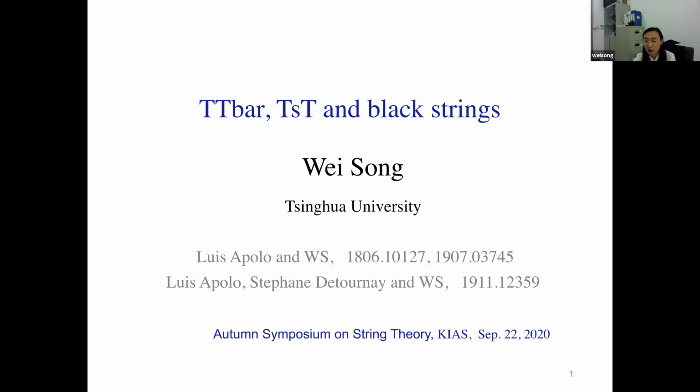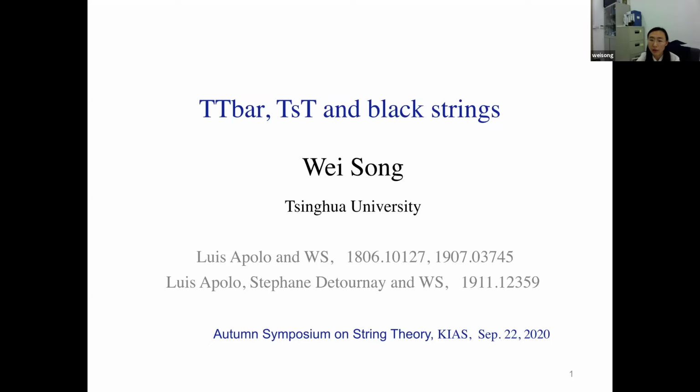The CFT is in the IR, and after this irrelevant deformation, we'll get a new UV theory. It's actually not a CFT anymore in the UV, and actually not necessarily a local quantum field theory.